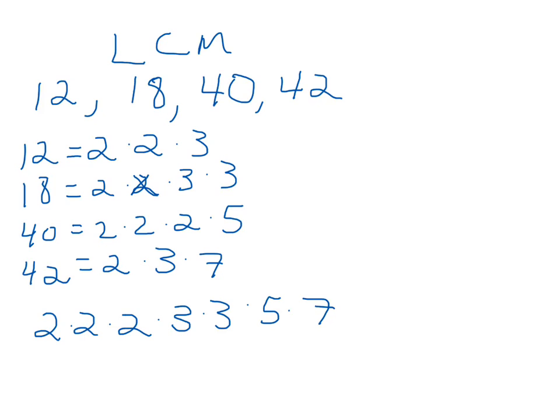So if we multiply all those numbers together, the result will be divisible by 12, 18, 40, and 42. So what is that product? 2 times 2 times 2 is 8, times 3 is 24, times 3 is 72, times 5 is 360, so we have 360 times 7, which is 2520.